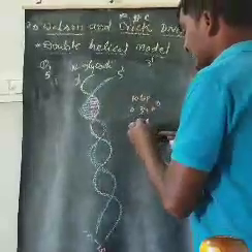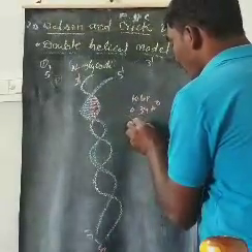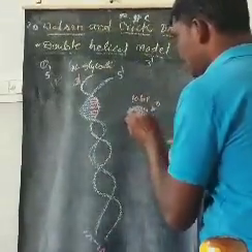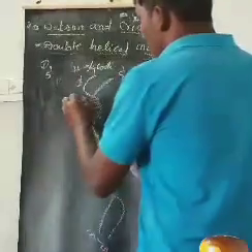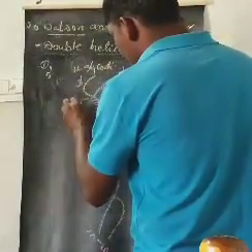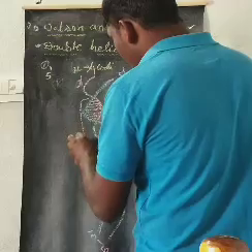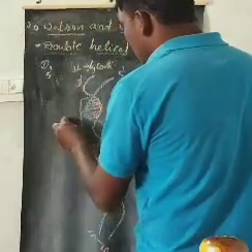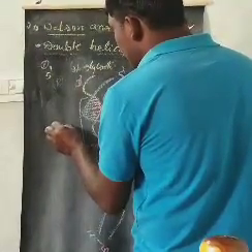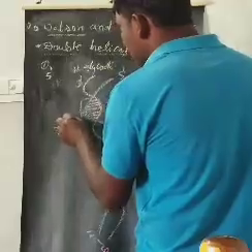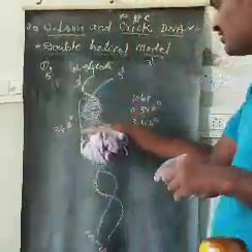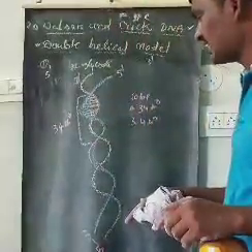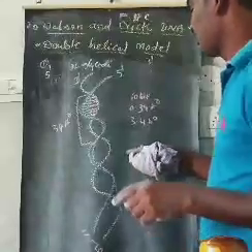And the distance between one pair of nitrogen bases and another pair is 3.4 angstrom units. One twist to another twist has a length of 34 angstrom units.